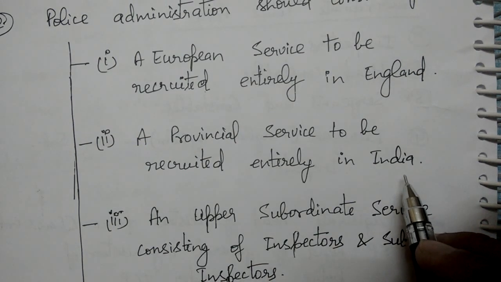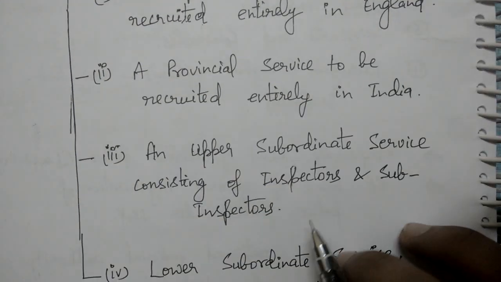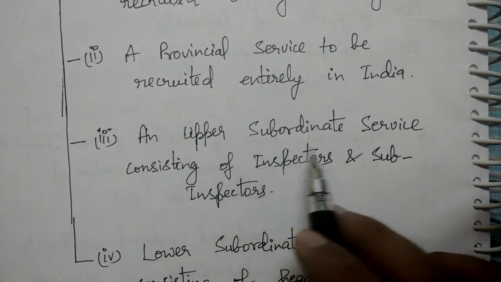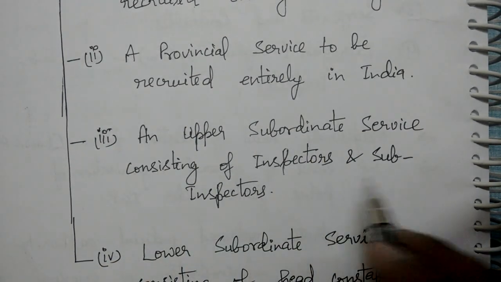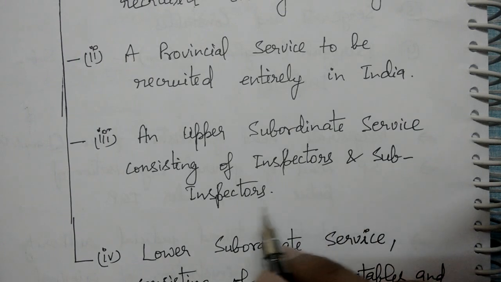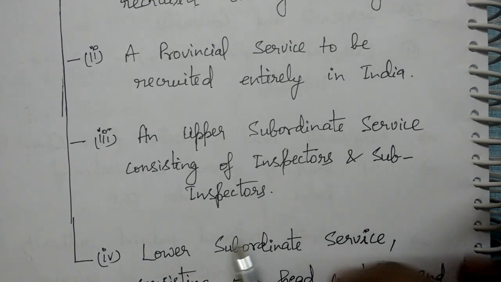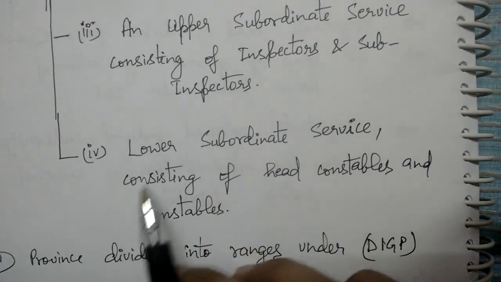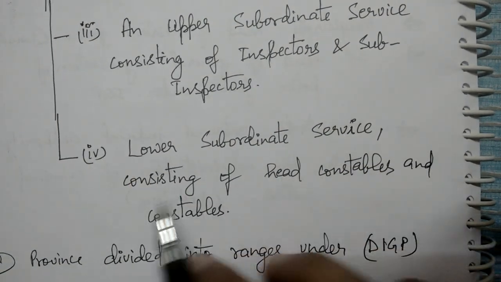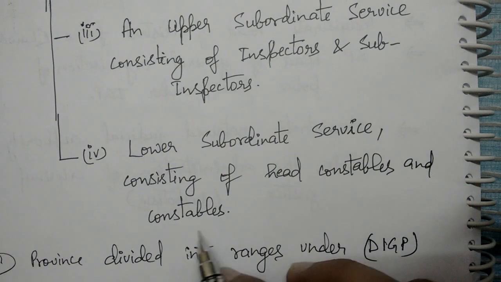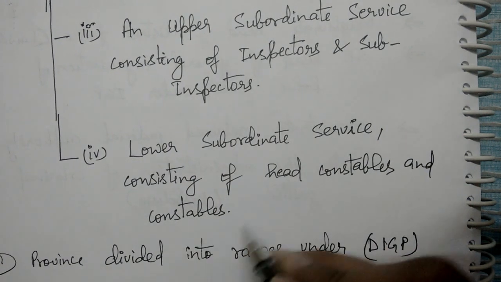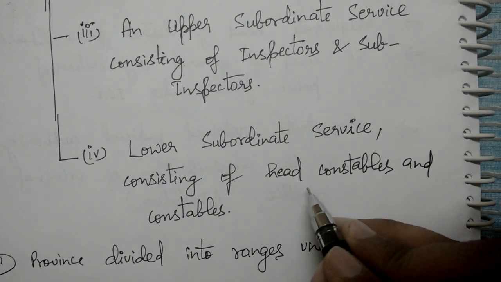So these are like DSPs. Then third is an upper subordinate service consisting of inspector and sub-inspector. Right now the recruitment is done at sub-inspector level, and then they are promoted to inspector. And then the fourth level is the lower subordinate service consisting of head constables and constables. They are recruited at constable level and then promoted to head constable.